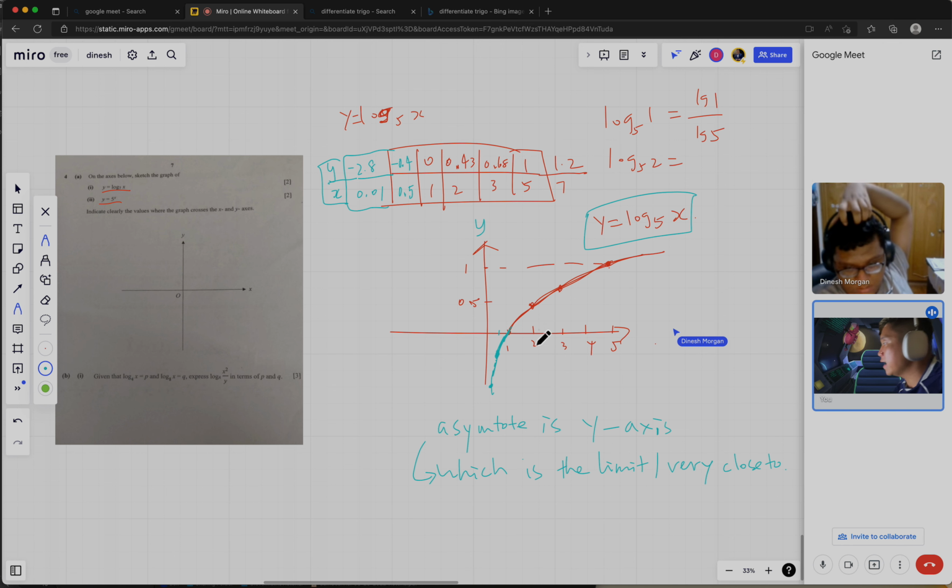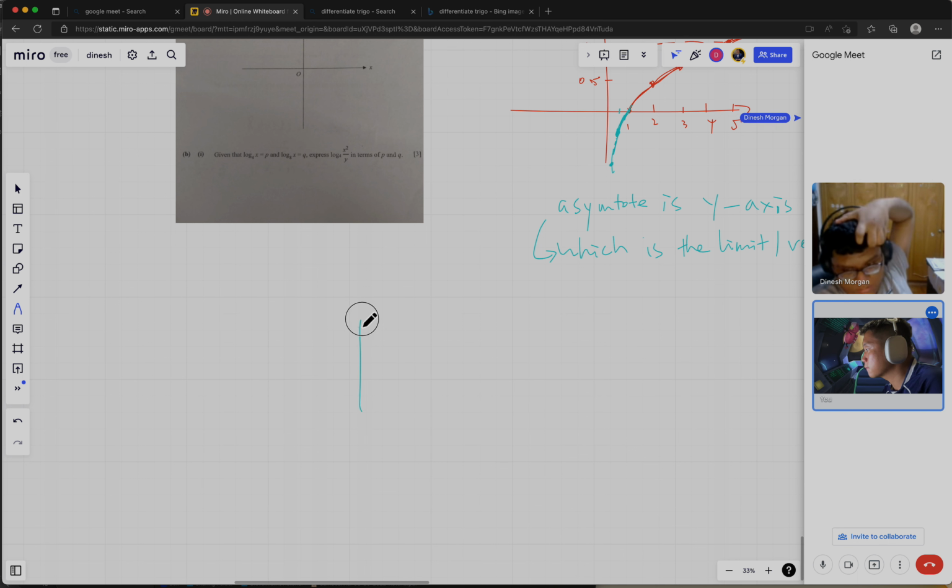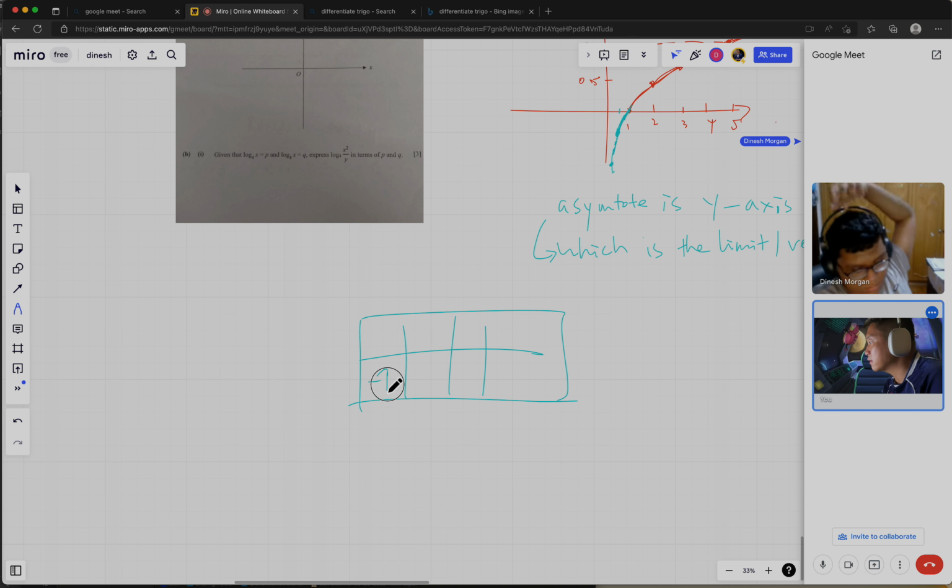Okay. Next, for y equals 5^x, I think it's simpler. Give it negative 1, negative 2. So you have 1 over 25, right?